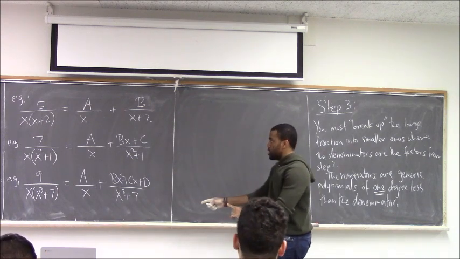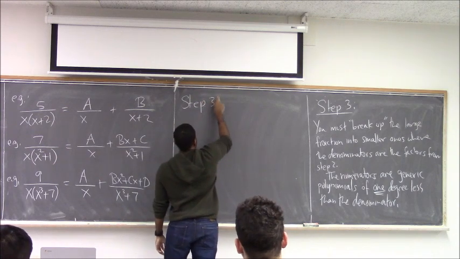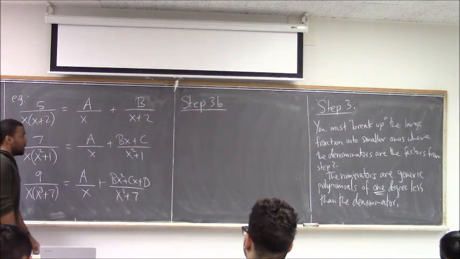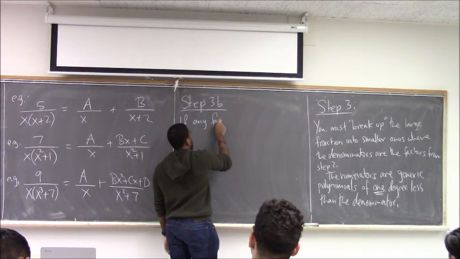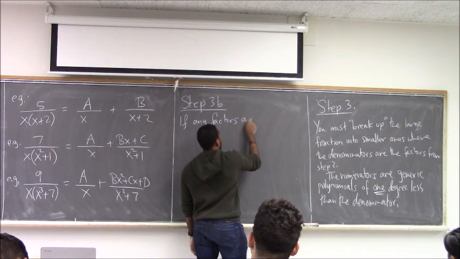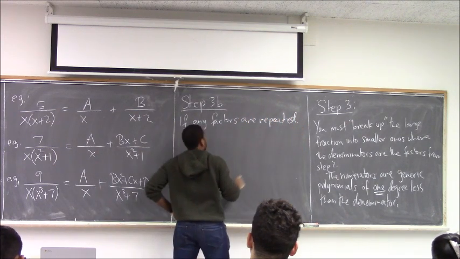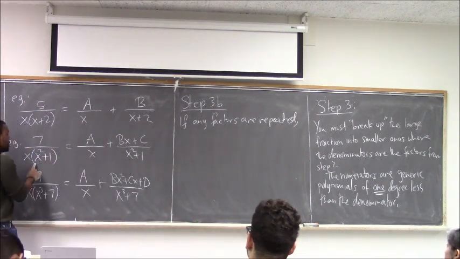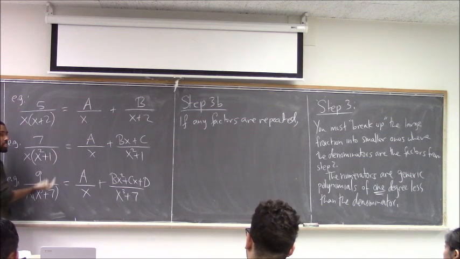Now, there is a little bit of nuance to this process, so let's put step 3b, a refinement on step 3. If any factors are repeated, and repeated just means you don't have one factor of x squared plus 1, you have 2 factors of x squared plus 1, or 3 factors of x squared plus 1.